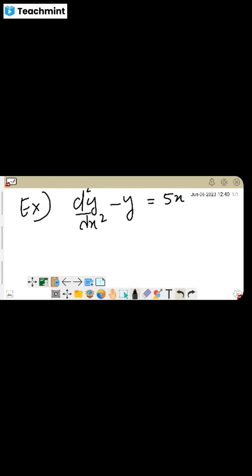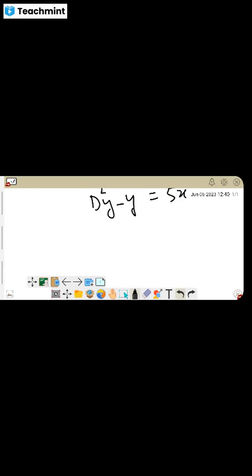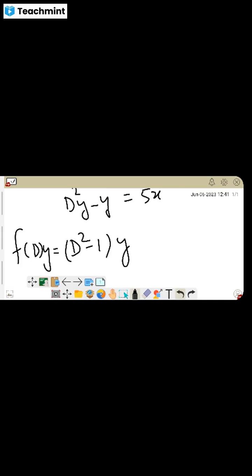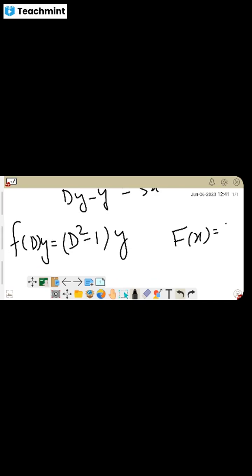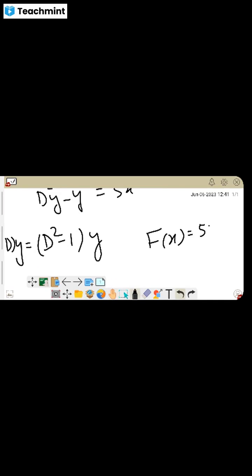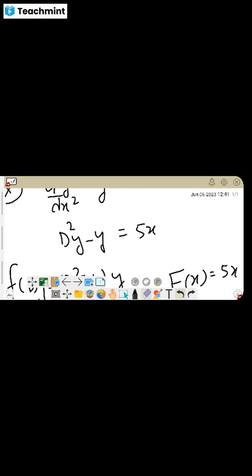We can write this question in this form, or (d square minus 1) into y, this is f(d) y, and here f(x) is 5x, or you can take any power of this, like x to the power 3.